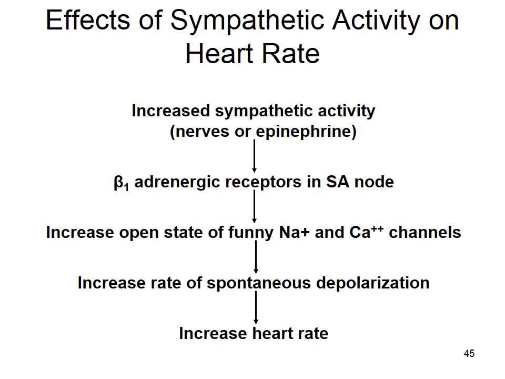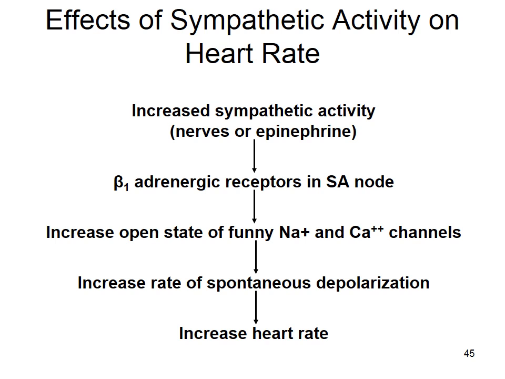So when norepinephrine gets released by the sympathetic postganglionic neuron, it's going to bind to those beta-1 adrenergic receptors. And when epinephrine gets released by your adrenal medulla, it will also bind to those beta-1 adrenergic receptors. So it's under direct innervation control by the sympathetic as well as hormonal control from the adrenal medulla.